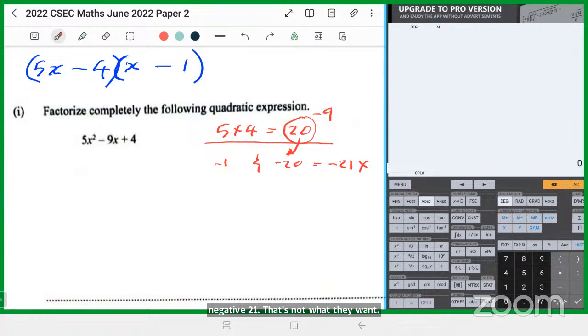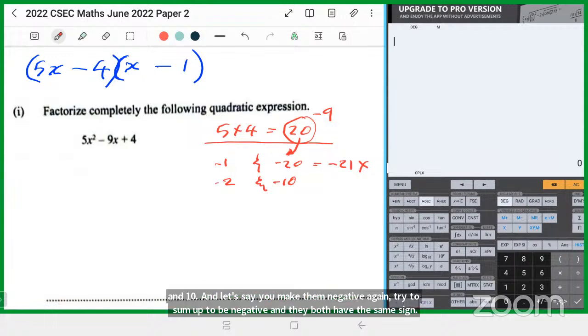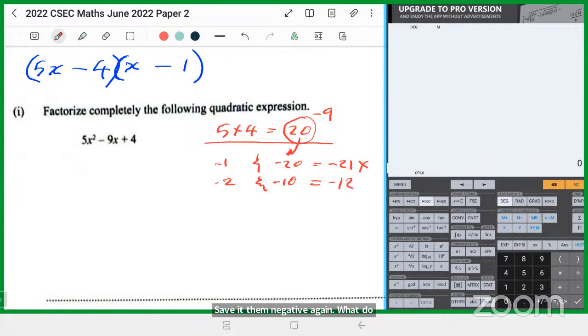The next 2 factors of 20 will be 2 and 10. Let's say you make them negative again, because the sum has to be negative and they both have the same sign. But these now add to negative 12, and you're looking for negative 9. What about 3 and what? 3 and nothing. You're not using fractions, you're using whole number factors.